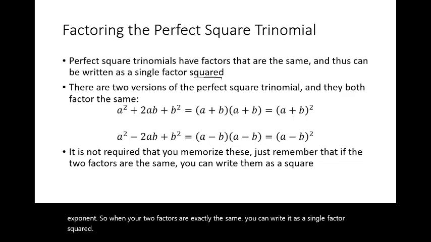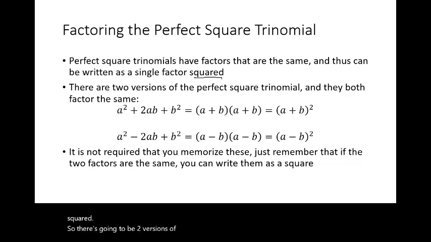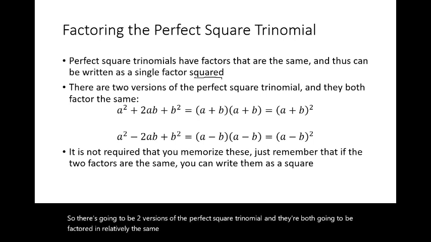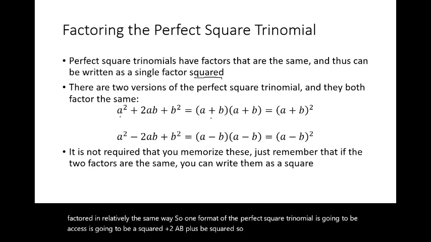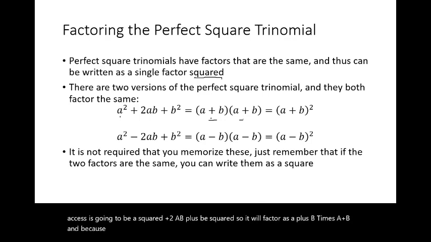There's going to be two versions of the perfect square trinomial, and they're both going to be factored in relatively the same way. One format of the perfect square trinomial is a squared plus 2ab plus b squared. So it will factor as a plus b times a plus b, and because these two factors are exactly the same, you can write it as repeated multiplication, a plus b quantity squared.